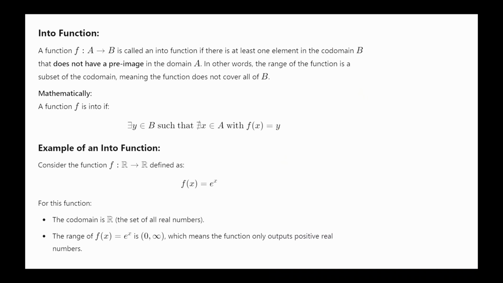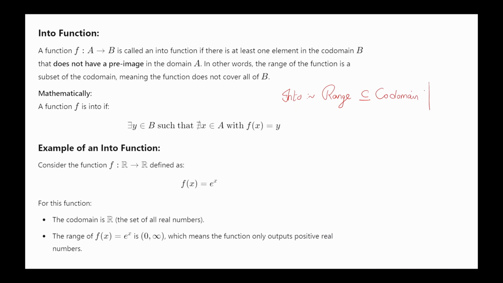Now talking about into functions, what is an into function? Simply explaining in two words: any function which has its range as a subset of its codomain would be an into function. So for an into function, we have our range as a subset of our codomain.